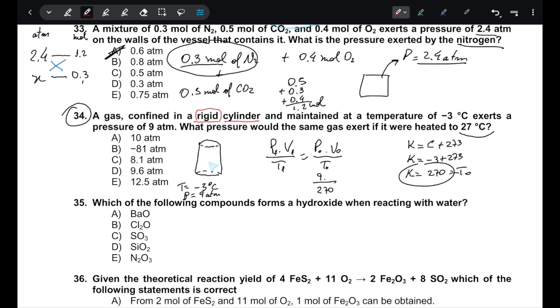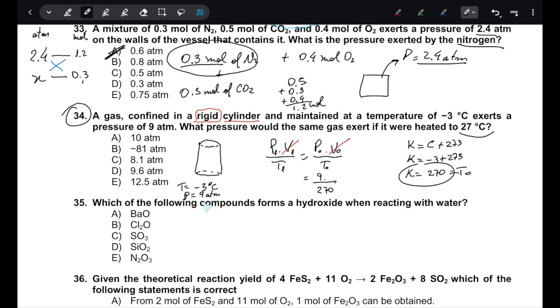So the volume is not going to vary. It's going to be constant. So we can just take it out of the formula, just because the final volume is going to be equal to the initial volume. If the final volume is equal to the initial one, we just cancel both of them, all right?